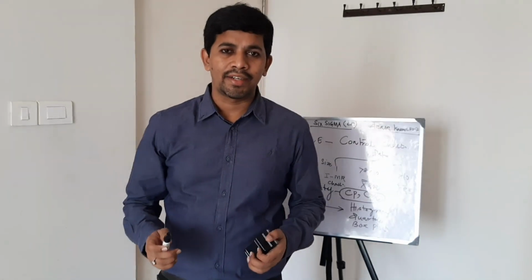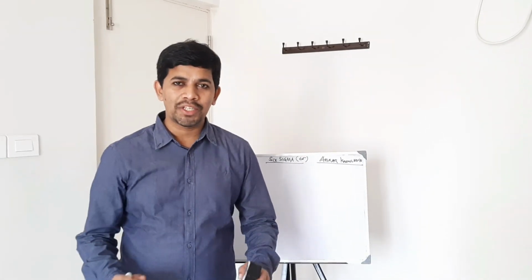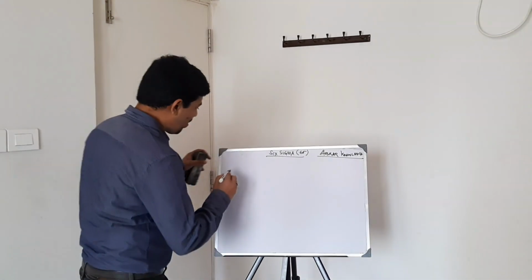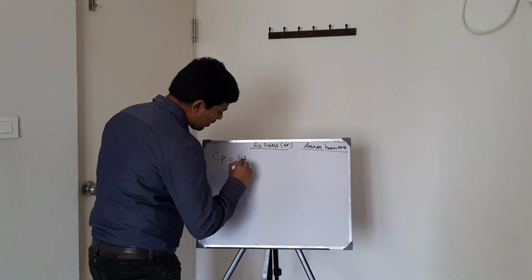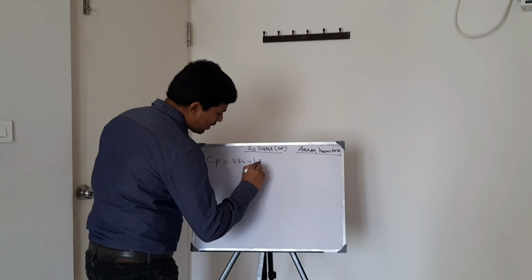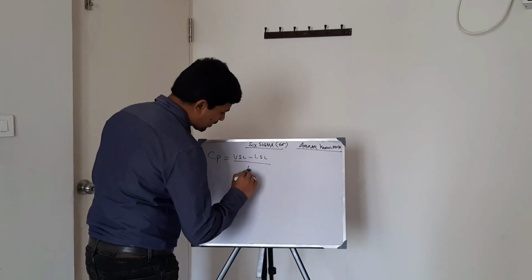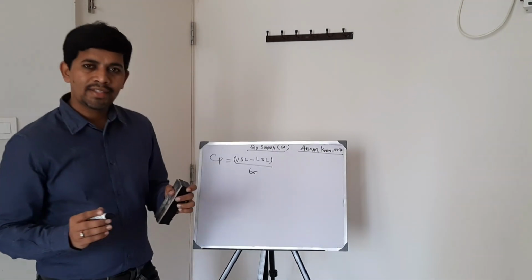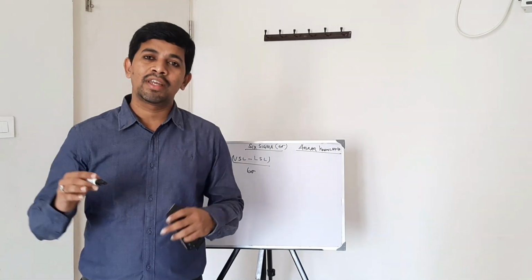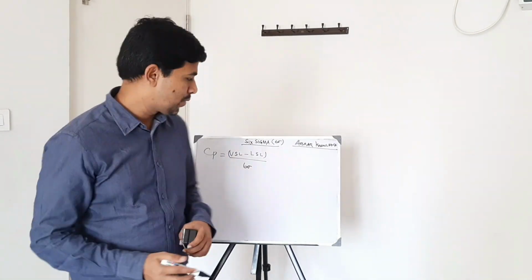So let's get started. What is meant by CP? The CP formula, you all remember, is CP equals USL minus LSL divided by 6 sigma. USL and LSL are the specifications given by the customer.